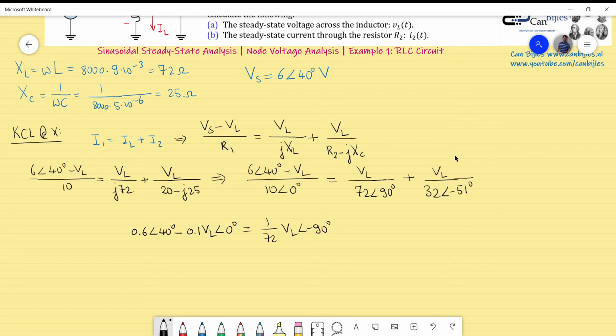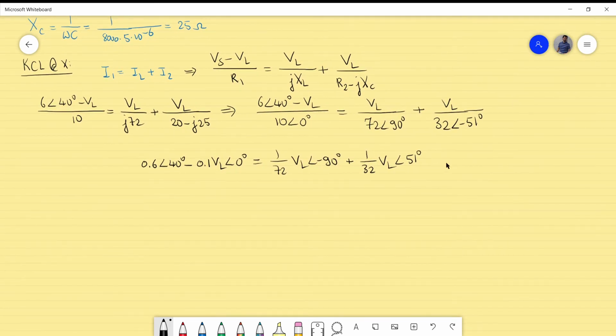Because if you divide, the phase will be 0 degrees here, minus 90 degrees will give you minus 90 degrees. And plus 1 over 32 VL phase will be plus 51 in this case, because it is 0 minus minus 51, and it will give you plus 51 degrees.